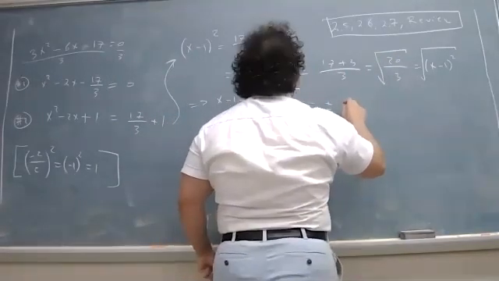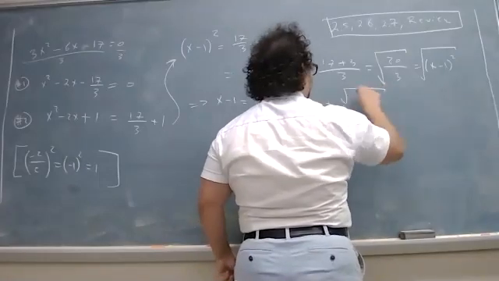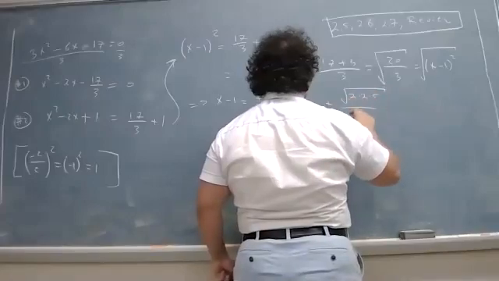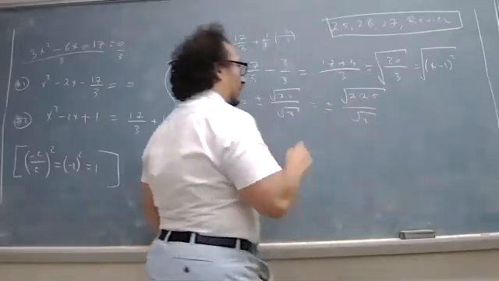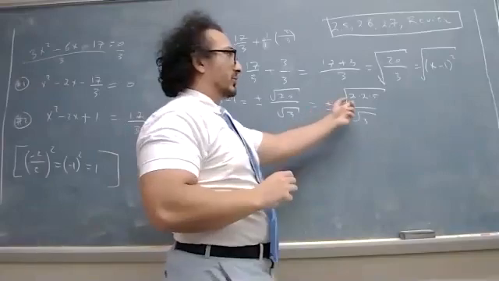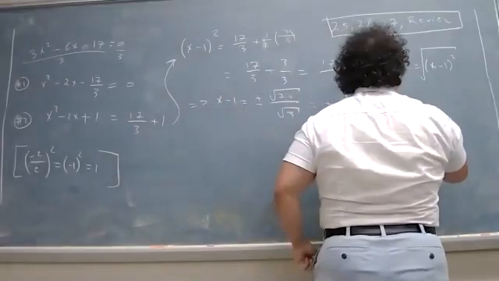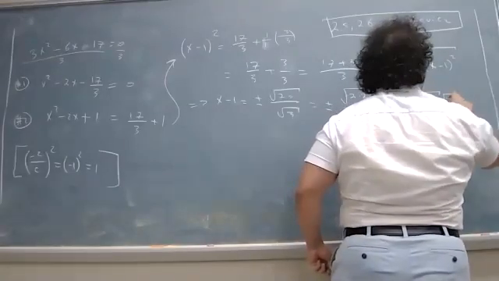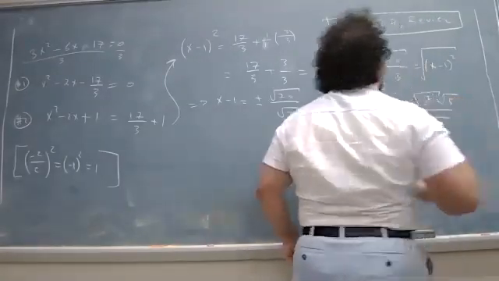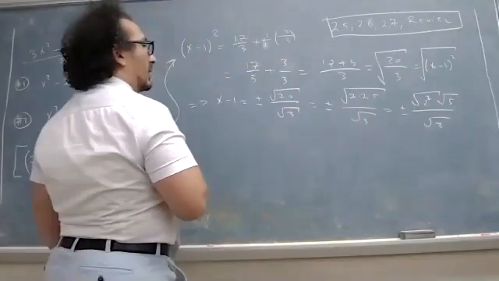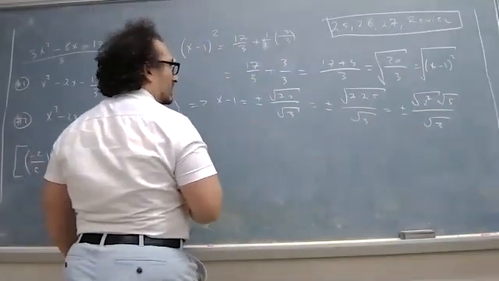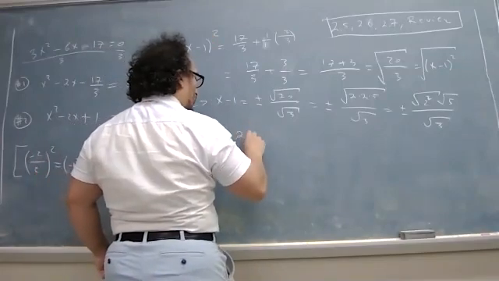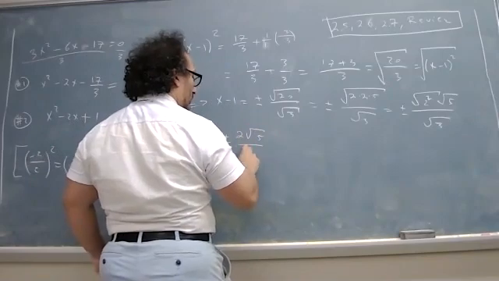Well, because 20 is really 2 times 10, which is 2 times 2 times 5. 2 times 2 is really 2 squared, and I can distribute that radical. So I get the square root of 2 squared, which is 2, and then root 5 stays there and root 3 stays there. So then I get x minus 1 is equal to plus or minus 2 root 5 all over root 3.